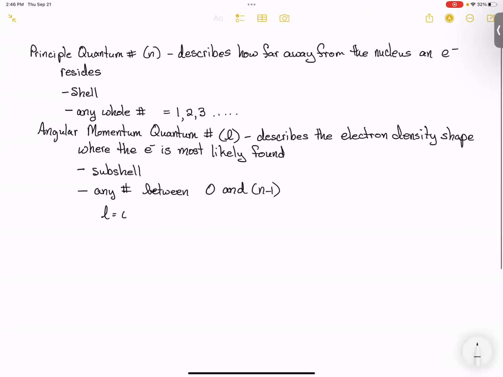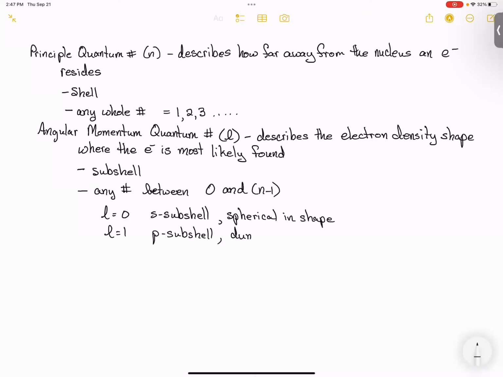So if L is equal to 0, we consider that to be an S subshell, and it is going to be spherical in shape. If L is equal to 1, it is going to be a P subshell, and it is going to be dumbbell in shape.